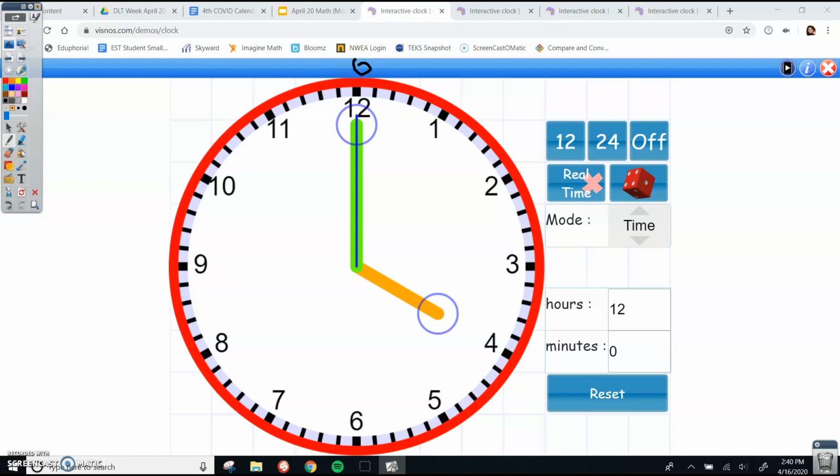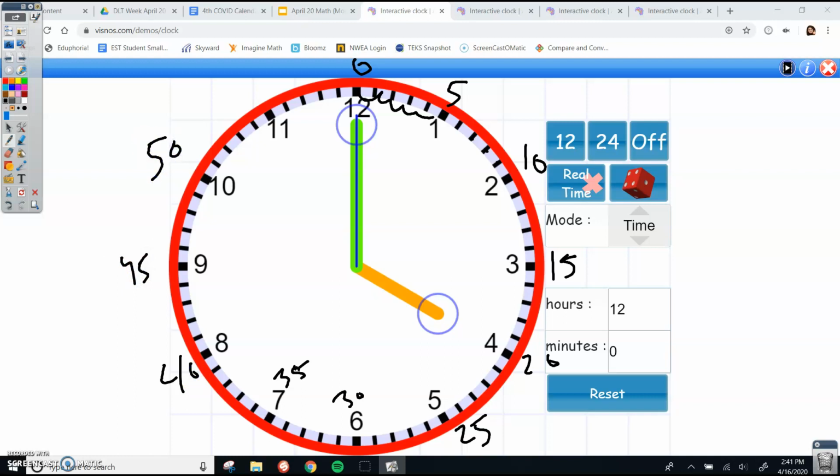If you're at 1, since this is pretty much a number line, you get 1, 2, 3, 4, 5 minutes, then 6, 7, 8, 9, 10 minutes. Then we have 15, 20, 25, 30 minutes for the 6, 35 minutes for the 7, 40 minutes for the 8, 45 minutes for the 9, 50 minutes for the 10, 55 minutes for the 11.